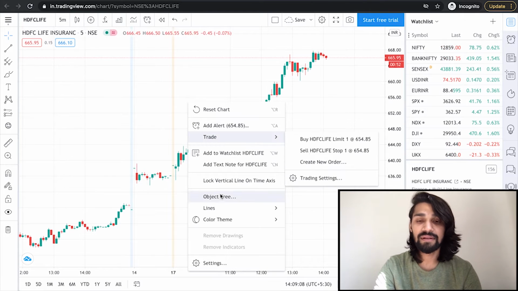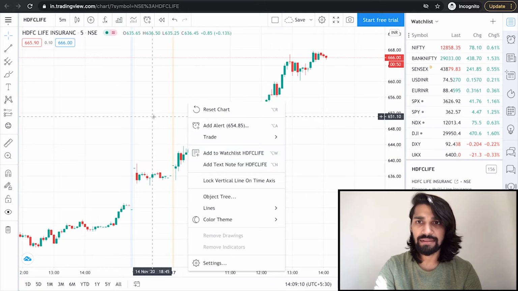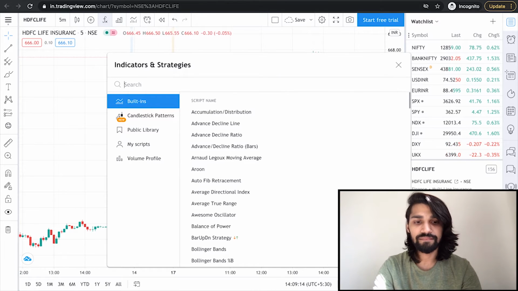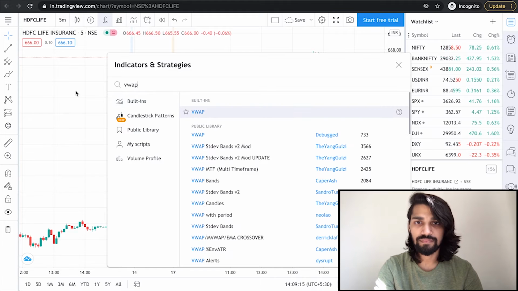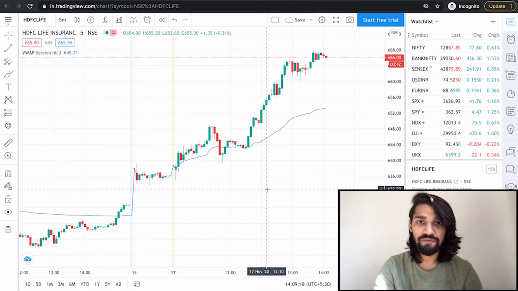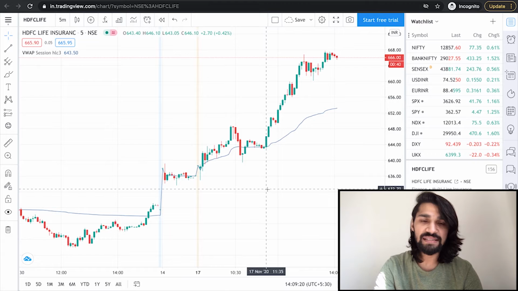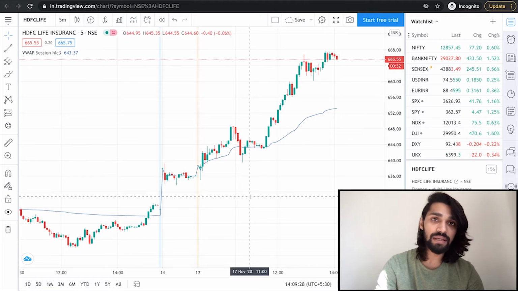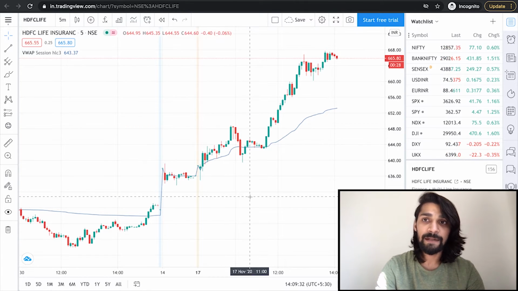The second indicator that we are going to talk about is the VWAP indicator. The VWAP indicator looks very similar to the moving average indicator, but the difference between a VWAP indicator and a moving average indicator is that VWAP considers not only the price but also the volume that is being traded in the particular stock in that particular time.